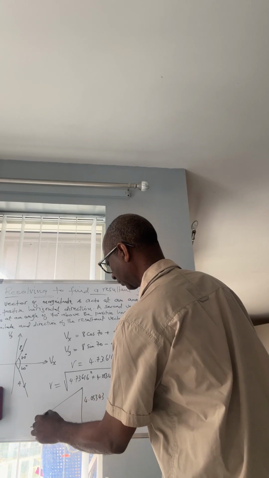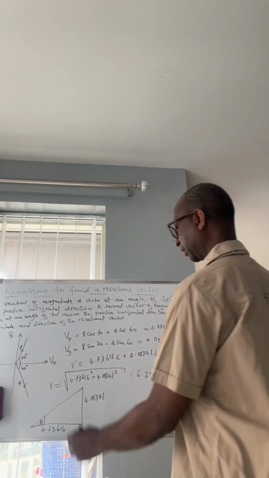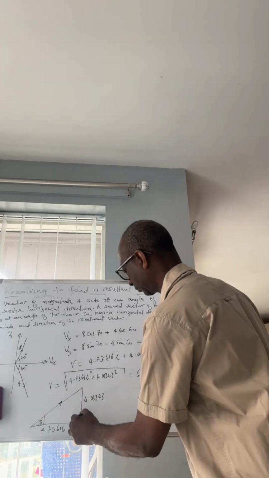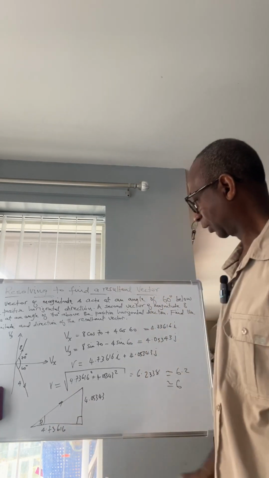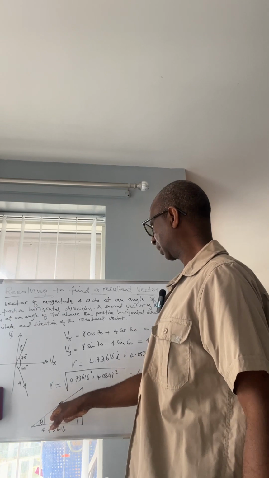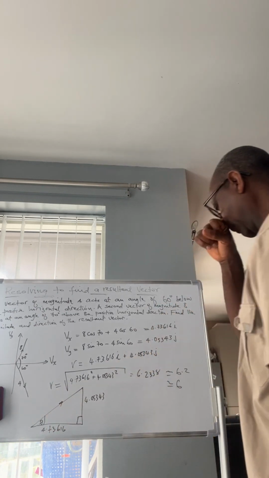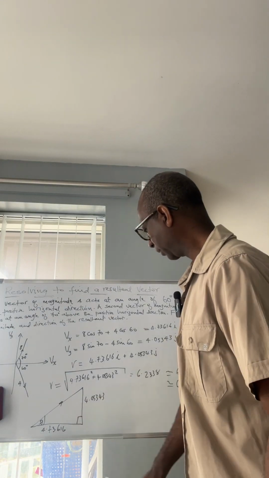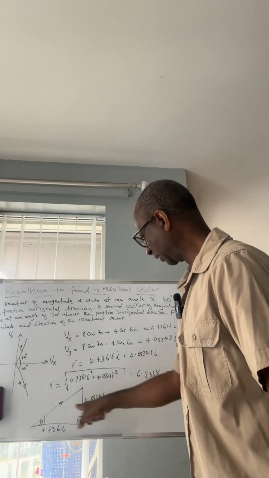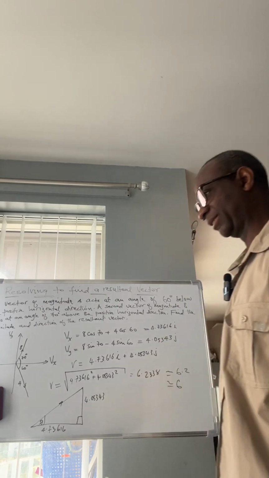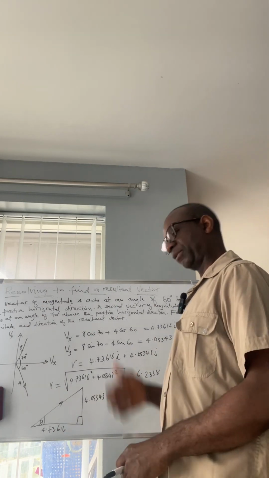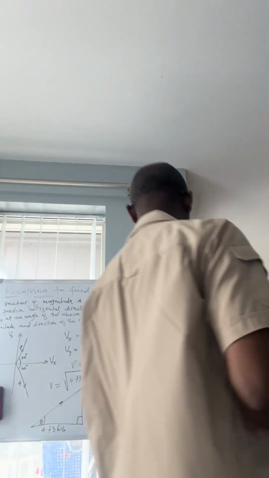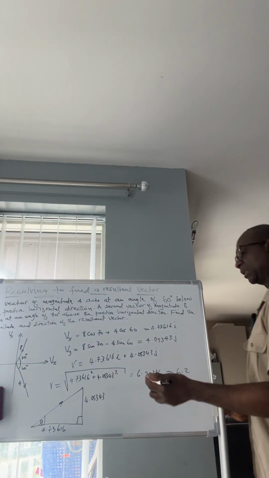Your angle is here, and this is your force. So you want to find the direction of your vector. So what do you need here? You have the opposite and you have the adjacent. What do you use from the trigonometric identities we mentioned earlier? You use the tangent, because tangent gives you opposite and adjacent.